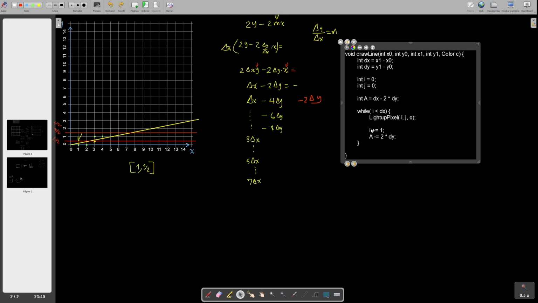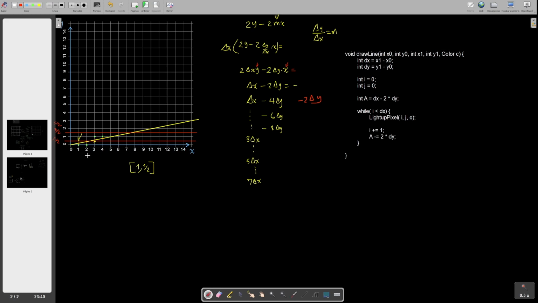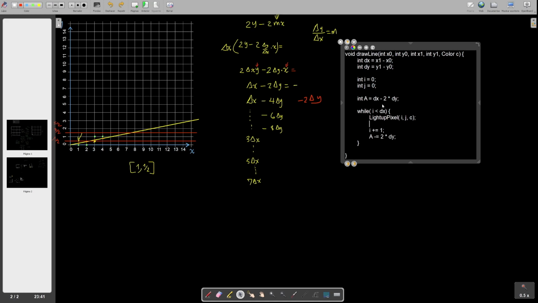And now we have solved the x increment, but remember that our decision on y, whether I keep my j at the same value or increase it, is going to depend on the value of the current evaluation.